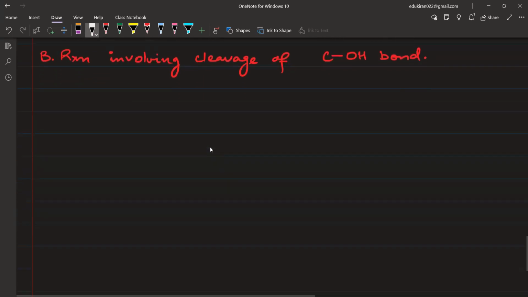Please see, breaking of a bond will be easier if the bond is already very polar. If this bond is very polar, that means it has a high delta positive charge and a high delta negative charge. So breaking of this will be very easy, so that we can have pure positive and pure negative charges. Once we have pure positive and negative charges, there is no bond here.